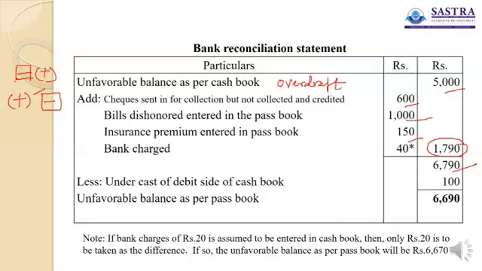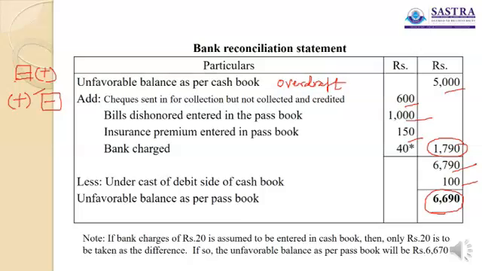This overdraft and all minuses are taken minus 6,790, and the cash on the debit side of the cash book that is supposed to be added is now deducted. So what we got, 6,690, again a minus balance.